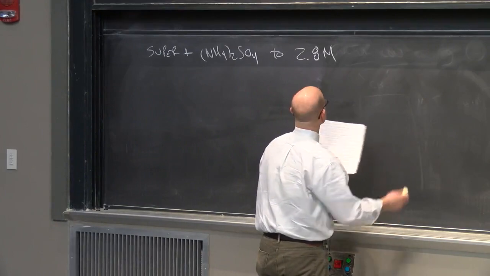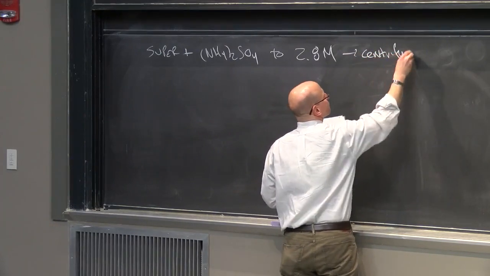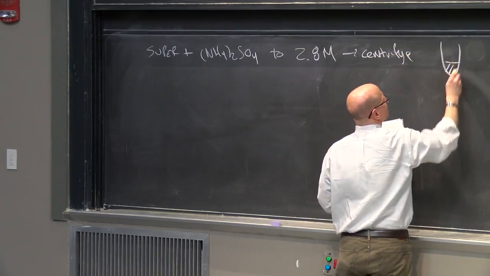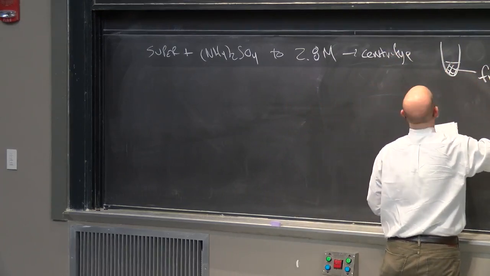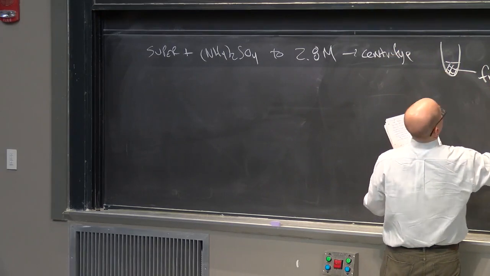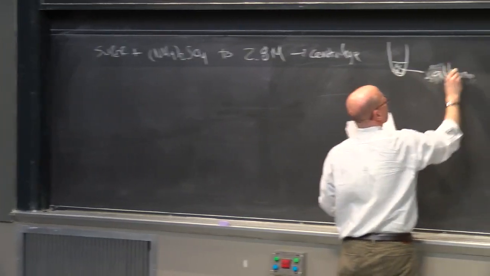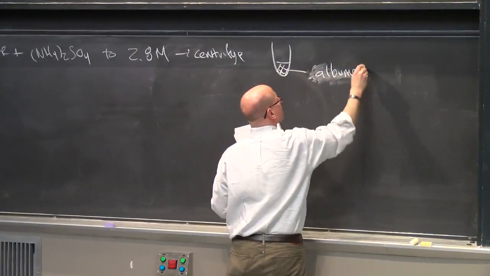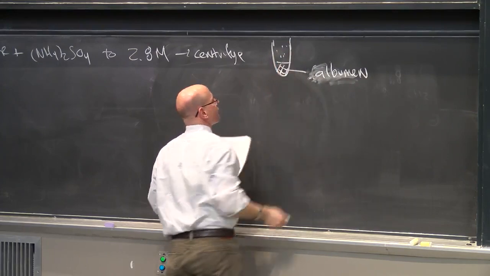And when I do this now, if I centrifuge, I will end up with a pellet that hopefully is primarily fibrinogen. Sorry, albumin, right? And now I'll end up with a supernatant that has some other stuff in it.